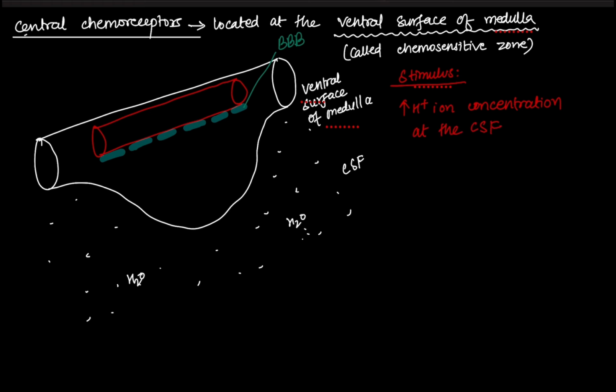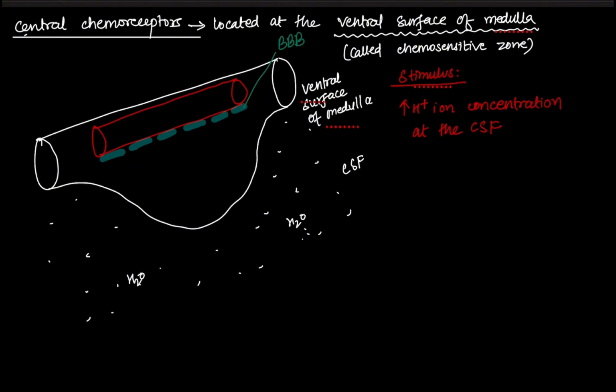So only if there is an increase in the H plus ion concentration at the level of CSF are the central chemoreceptors going to get stimulated. If there is an increase in H plus at the level of arterial blood, it is not going to stimulate the central chemoreceptors. But at the level of CSF, if there is an increase in H plus, then it is going to stimulate the ventral surface of medulla, the central chemoreceptors.